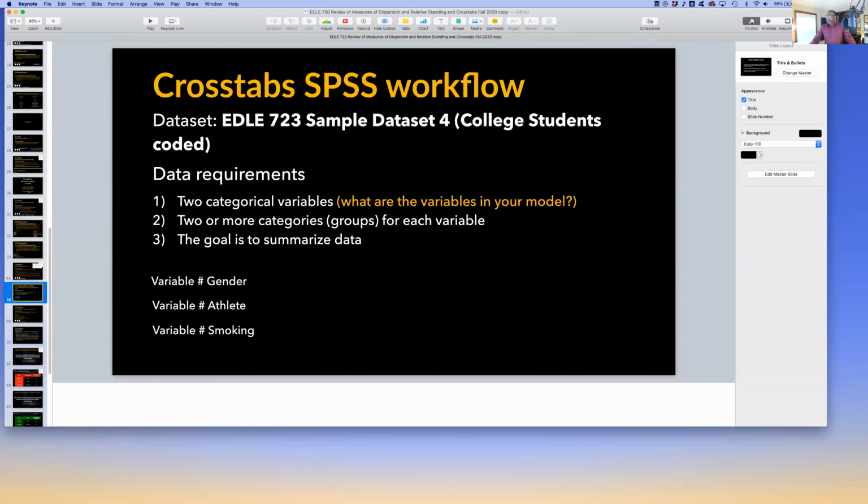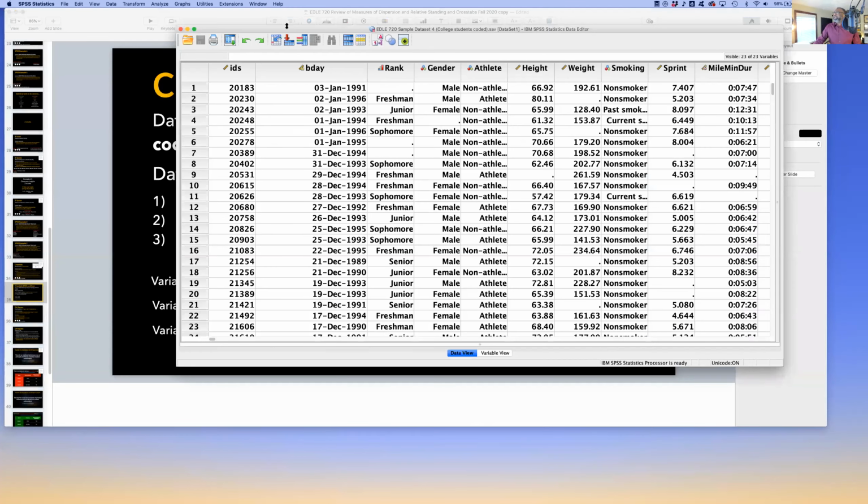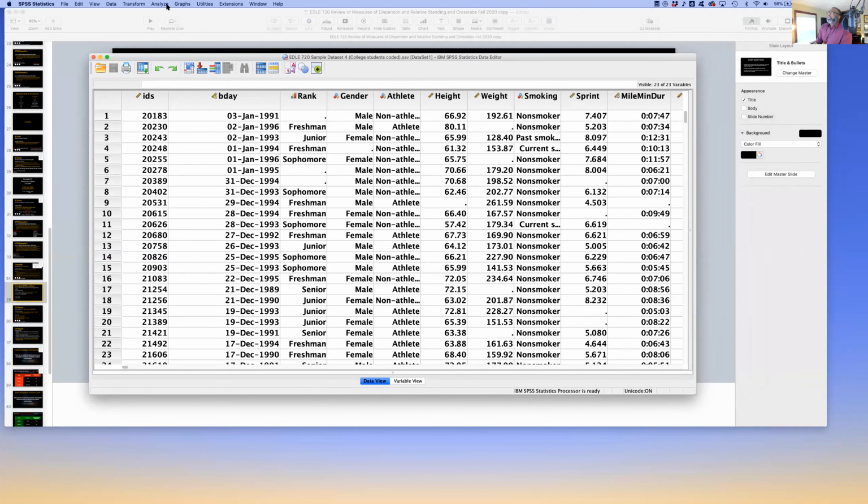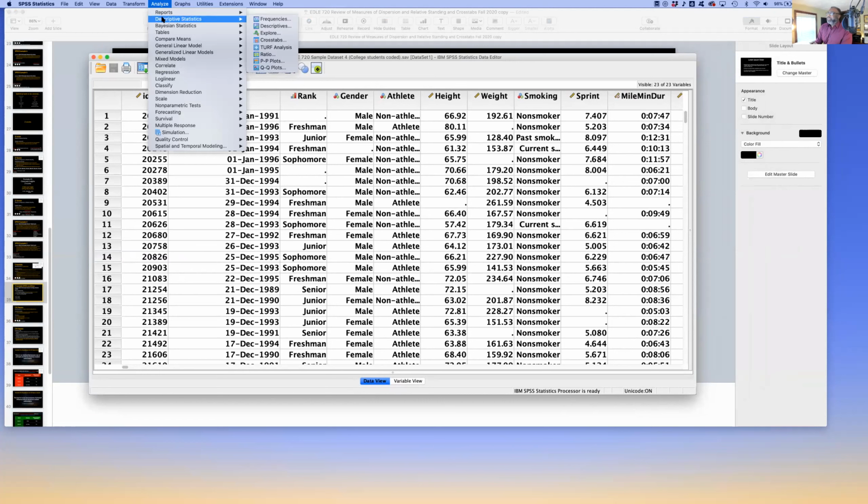So we're going to take a look at gender and athlete. Okay. So let's pull up our college student data set here. And we're going to go to analyze, and we're going to go to a different one this time. We're going to go to descriptive statistics, and then we're going to go to crosstabs.